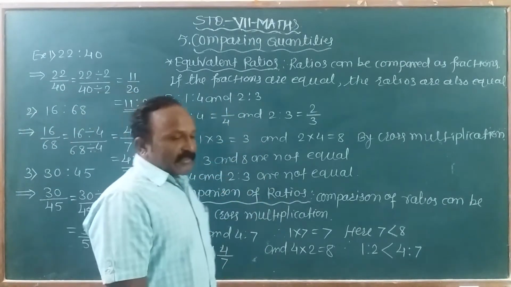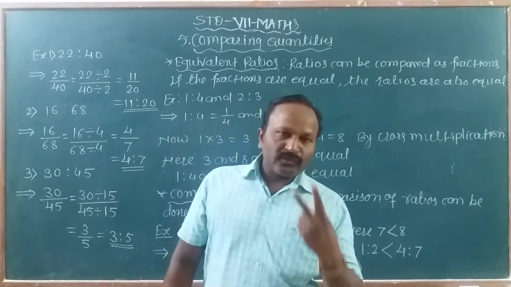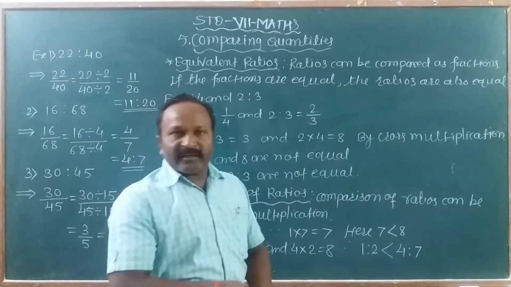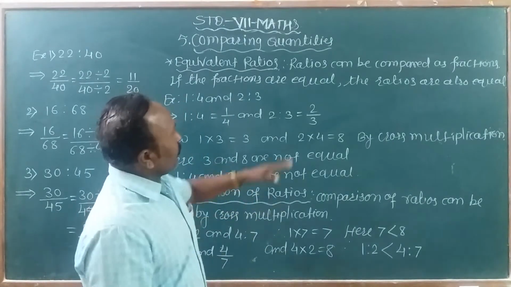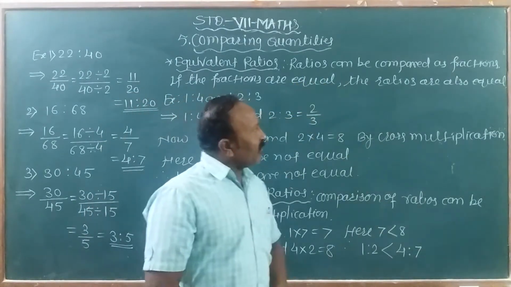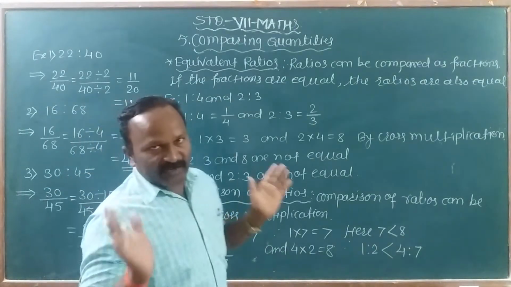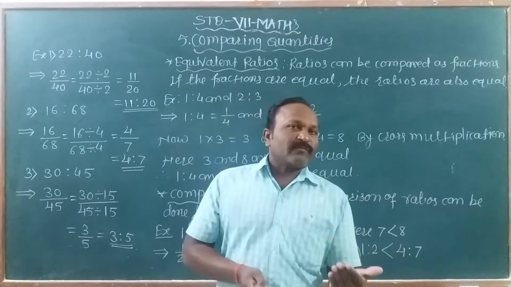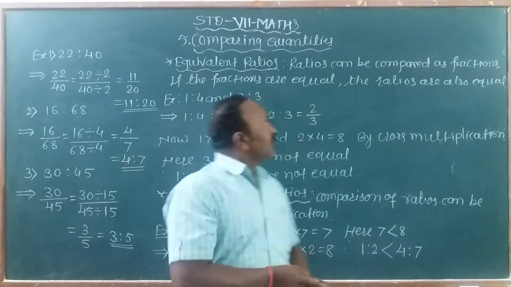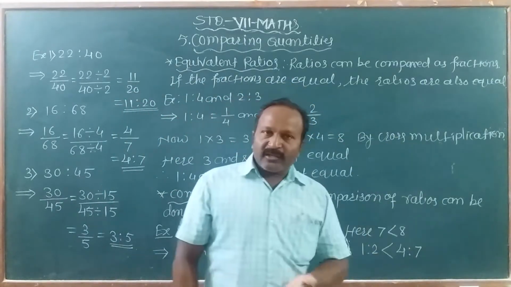Now equivalent ratio means what? Equivalent means equal. When the two ratios are equal, they are called equivalent ratios. So to find equivalent ratio, what you have to do? See, ratios can be compared as fractions. Just like a fraction, ratios also can be written in the fraction form, and then we can compare it. If the fractions are equal, the ratios are also equal.